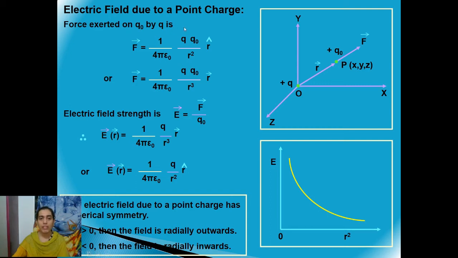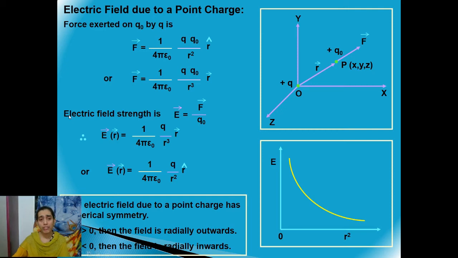If we replace this unit vector and write it in terms of both magnitude and direction, then we can express the equation as vector F is equal to 1 over 4 pi epsilon naught q into q naught divided by r cube into vector r.